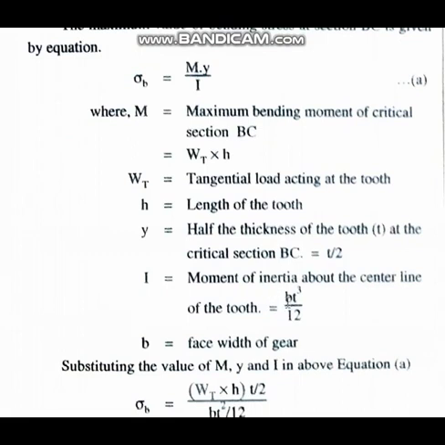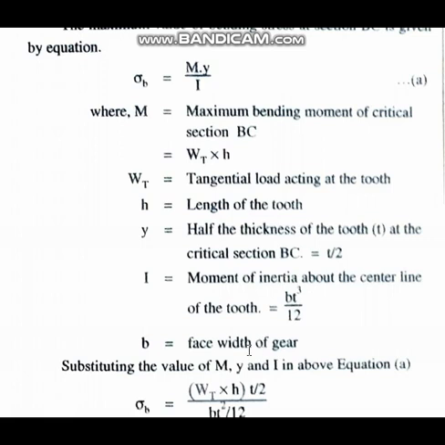Earlier I said it should be applied to the larger of the dimensions, but if it is given that way, then the bending stress induced will be minimum. But anyway, in the case of a gear tooth, we are seeing that the load is parallel to the thickness T. Therefore, the cube should be applied to T and not B.